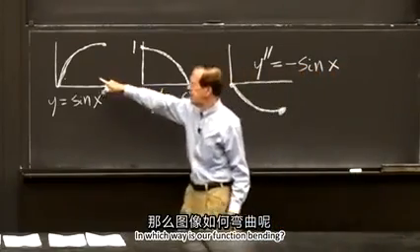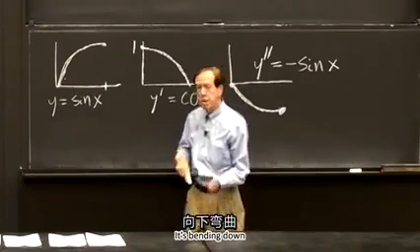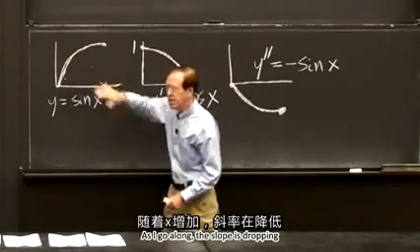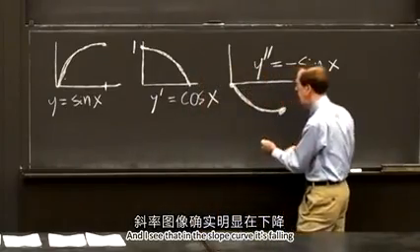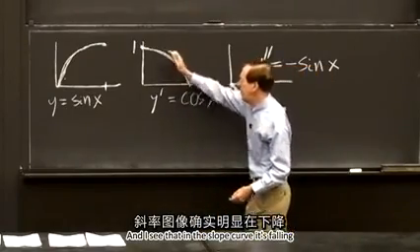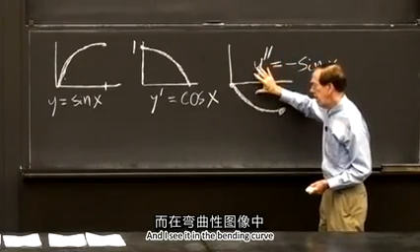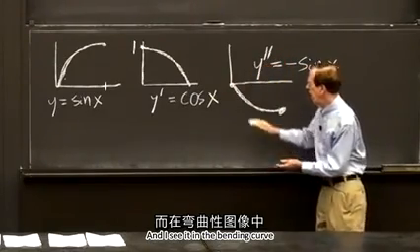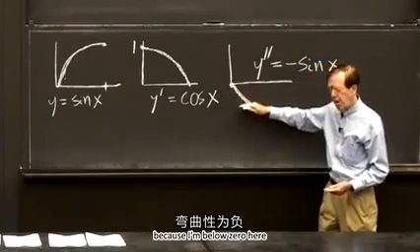And which way is our function bending? It's bending down. As I go along, the slope is dropping. And I see that in the slope curve, it's falling. And I see it in the bending curve because I'm below 0 here.